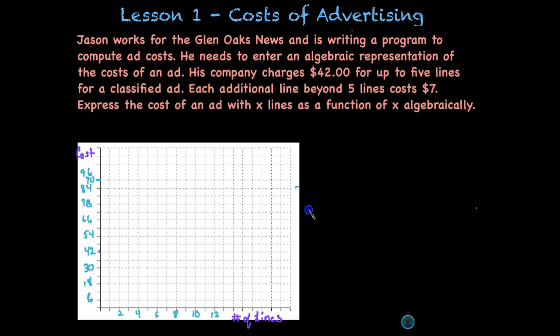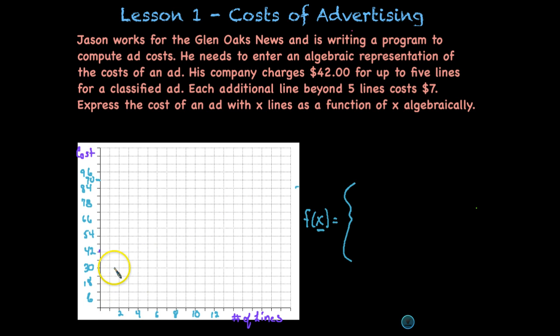When we write our piecewise functions, if you remember, we have y, or f of x, means the same thing. And that is going to be equal to 1, or actually more than 1 because it's a piecewise function, but 2 or more functions depending upon the domain. The domain, remember, is our x-axis, which represents the number of lines. So it depends upon x right here. Well, let's look at our first example.